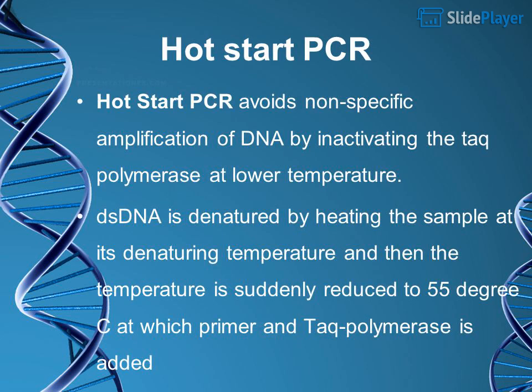Hot start PCR. Hot start PCR avoids non-specific amplification of DNA by inactivating the Taq polymerase at lower temperature. DNA is denatured by heating the sample at its denaturing temperature, and then the temperature is suddenly reduced to 55 degrees Celsius, at which primer and Taq polymerase is added.